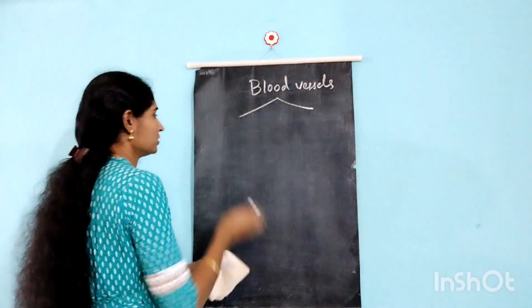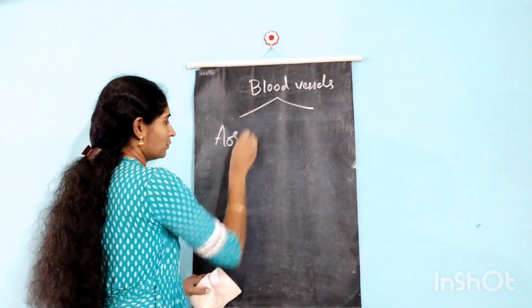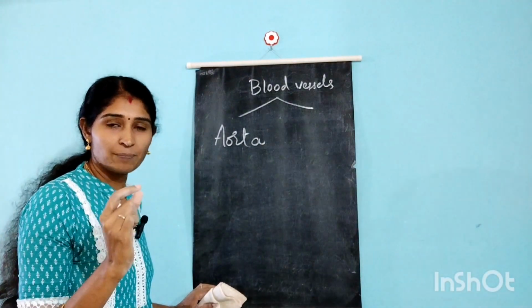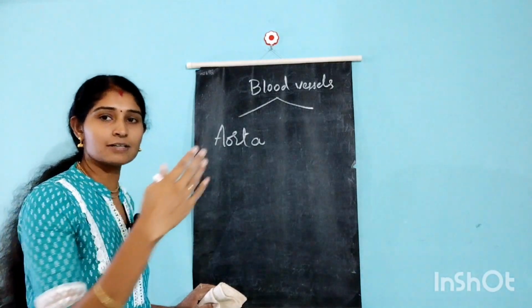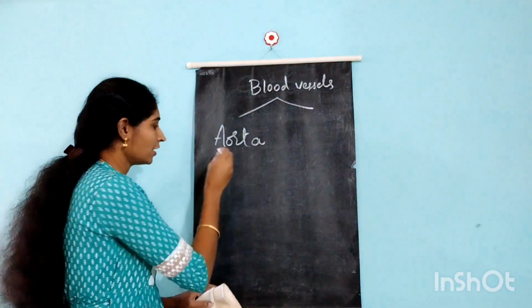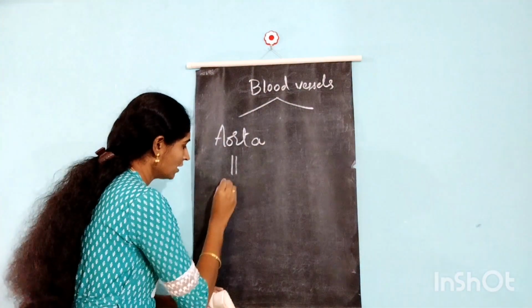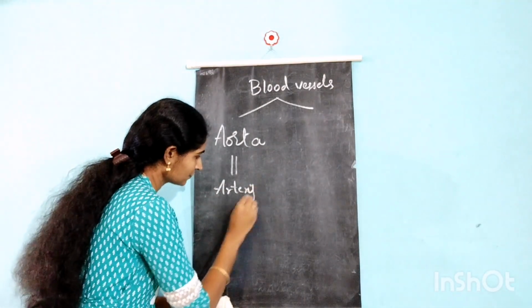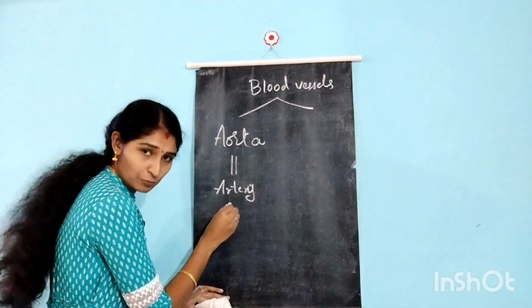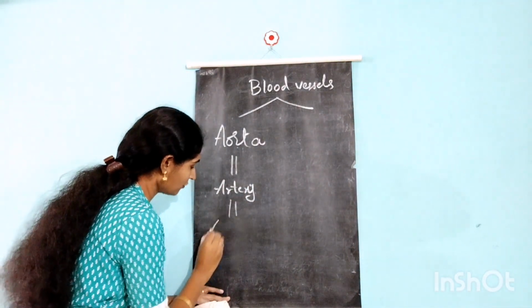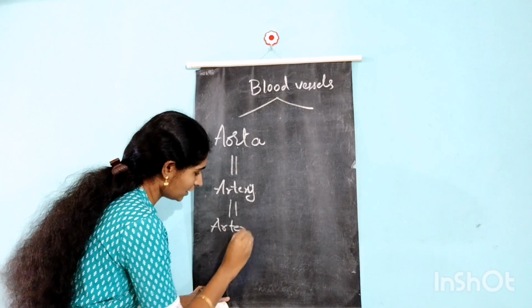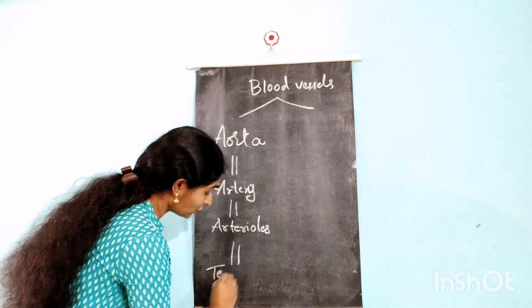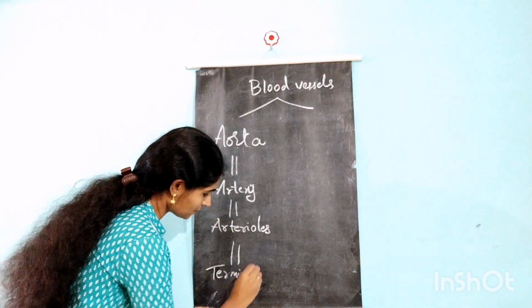So see the connection here. First comes the aorta. The oxygenated blood from the left ventricle enters into the aorta. From aorta it moves to the artery, from artery into arterioles, from arterioles into terminal arterioles.